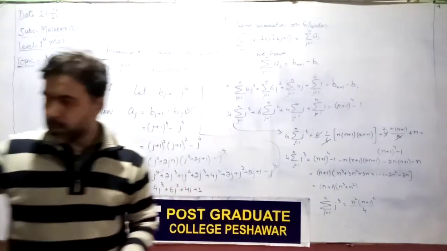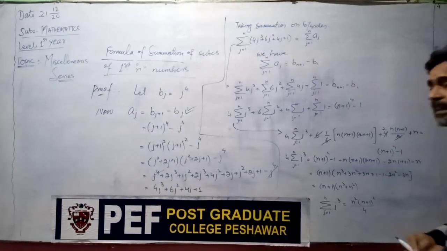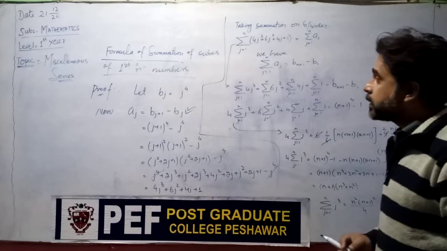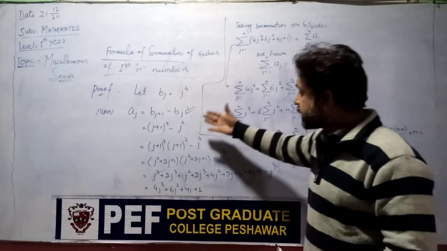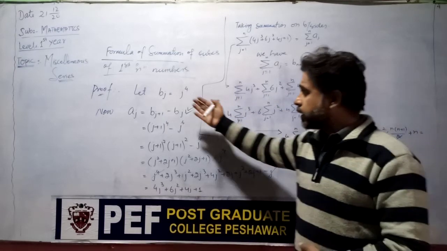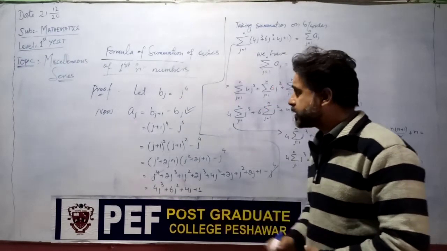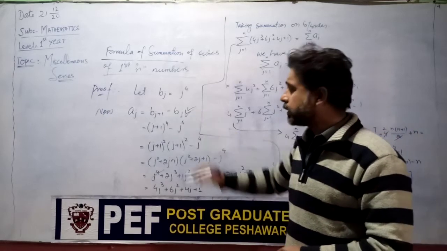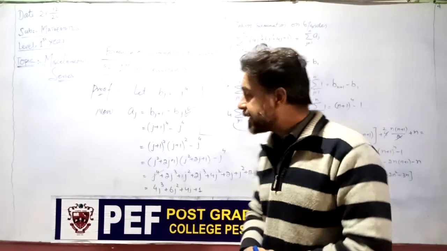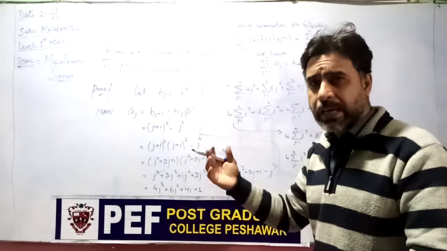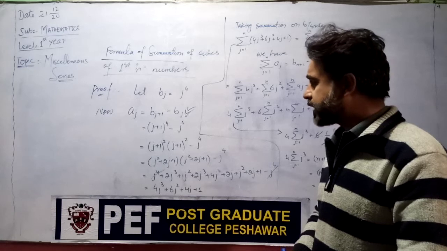So this is actually the formula that we have developed for the summation of the cubes of the first n natural numbers. For this whole process, I took the series j power 4, and the basic difference between the consecutive terms of the series I have considered, because I have already proved this in the previous lecture.